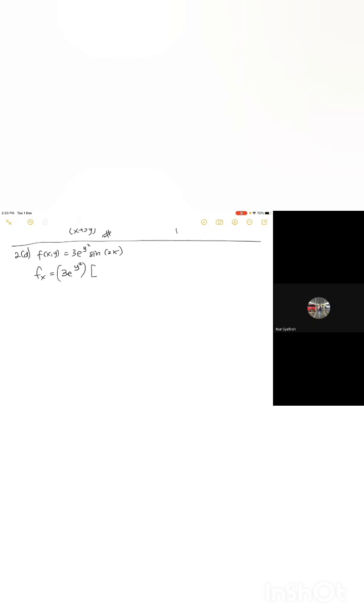Okay, beza sine dapat cos. And then you multiply, you differentiate the 2x, which will be 2. Okay, so this 2 can be multiplied to the front, which is 6 exponent y to the power of 2 cos 2x. Okay, that will be your answer.